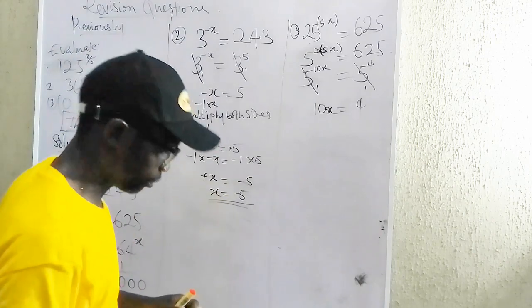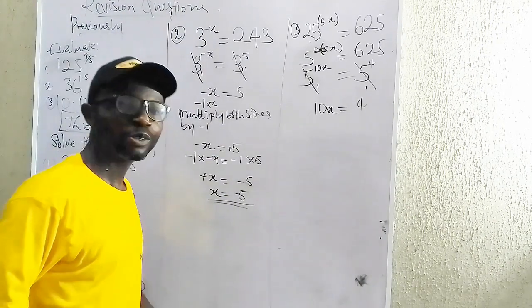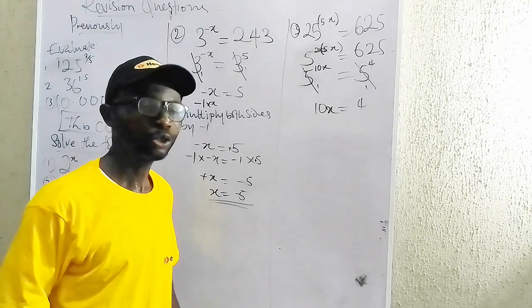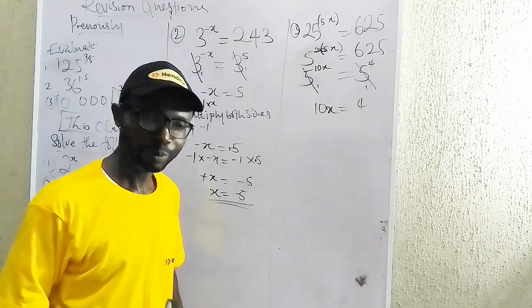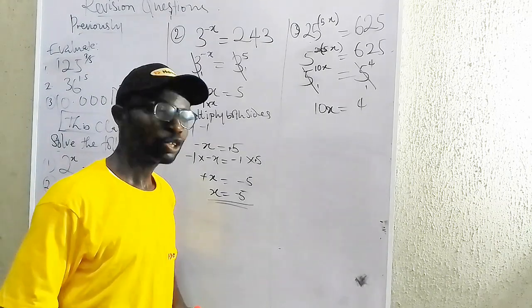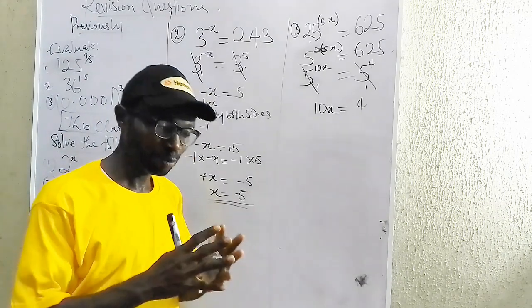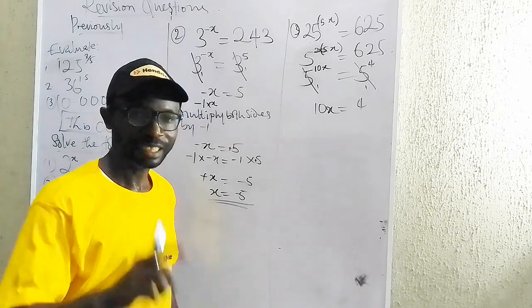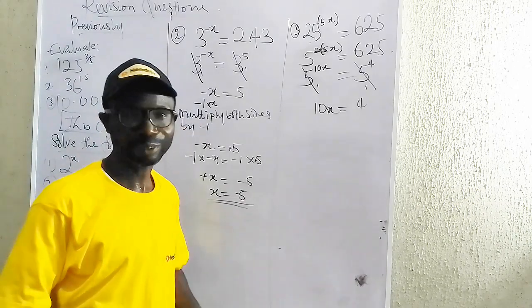Now let me ask you a question. What are we looking for? x. Is x standing alone? No. What is stopping x from standing alone? The 2. What's the relationship between x and 2? It's a multiplication relationship.